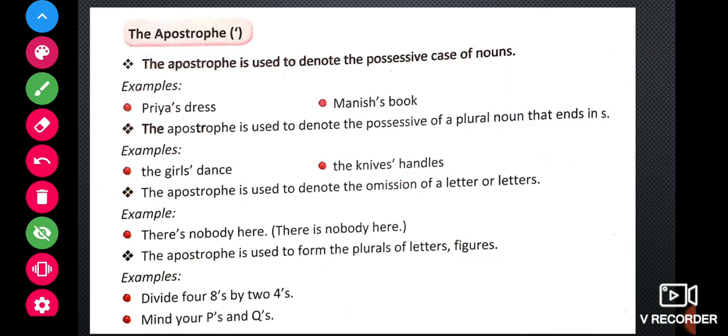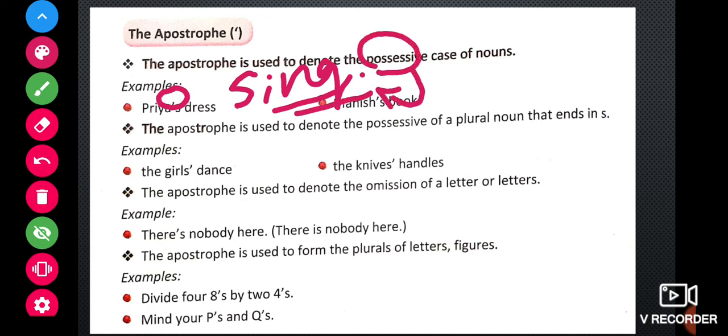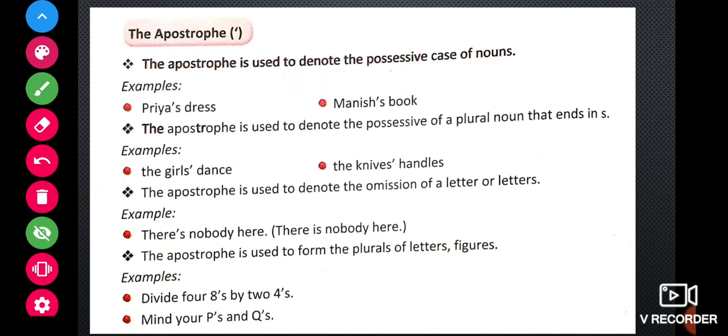The only difference is in singular noun where there is no S. Remember, singular nouns don't have S. Consider Priya. So here apostrophe is added before S in case of singular nouns. But in case of possessives of plural noun, apostrophe is added after S. So this is the only difference.